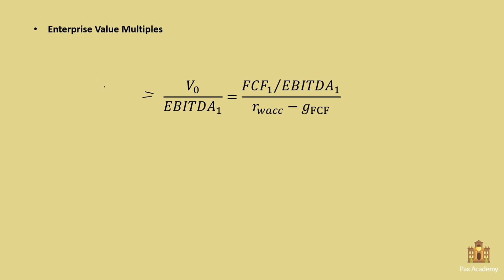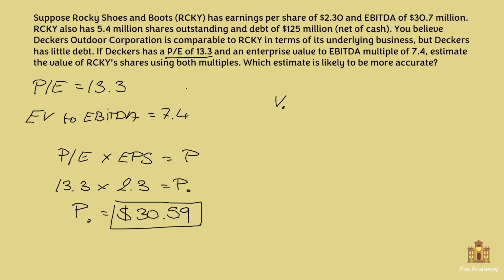We do the same sort of rearranging that we did for the PE: multiple times the EBITDA is equal to the value. So the value is equal to the multiple, which is 7.4, times the EBITDA, which is 30.7 million. And this should give you 227.2 million. But this is the value, remember, this isn't the price yet.